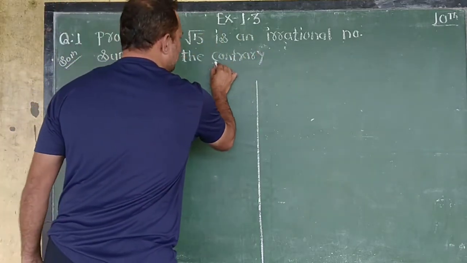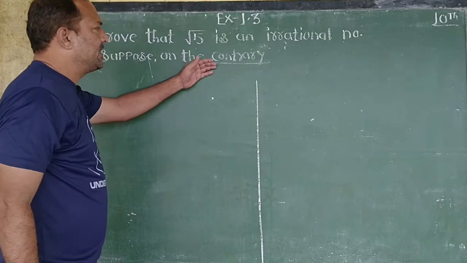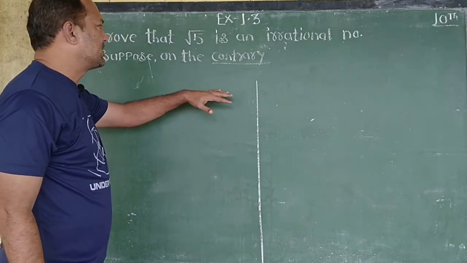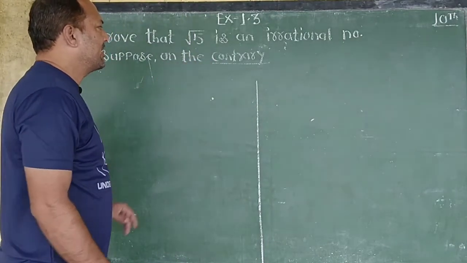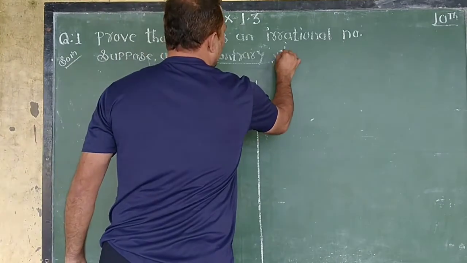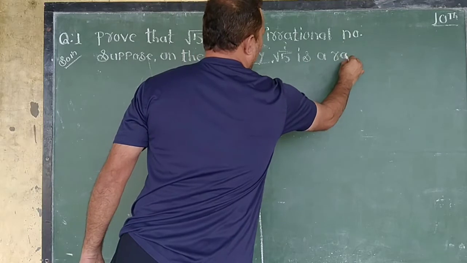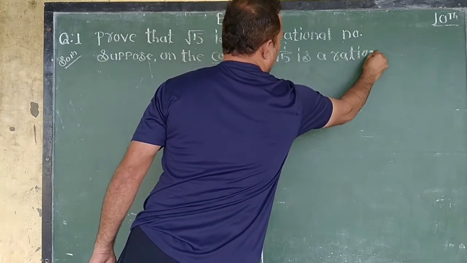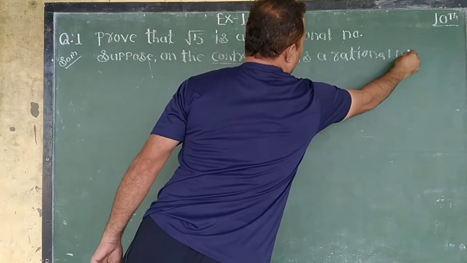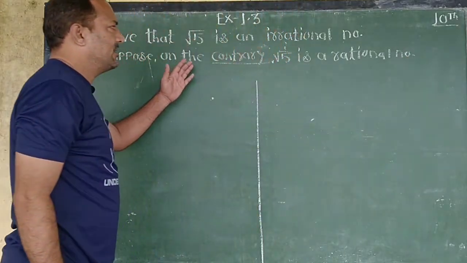Contrary means what? Completely different or opposite. On the contrary, root 5 is a rational number.